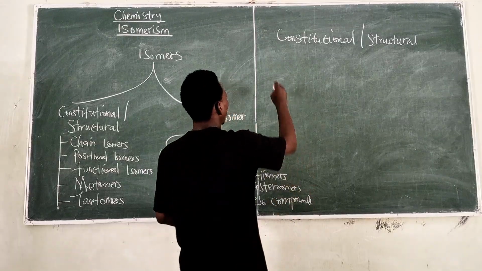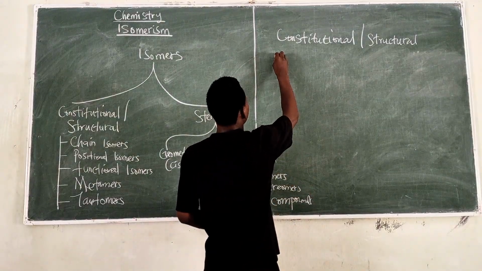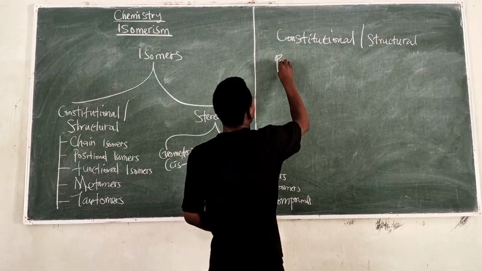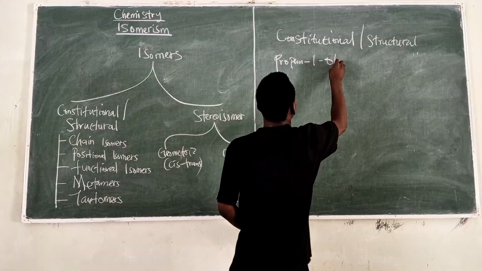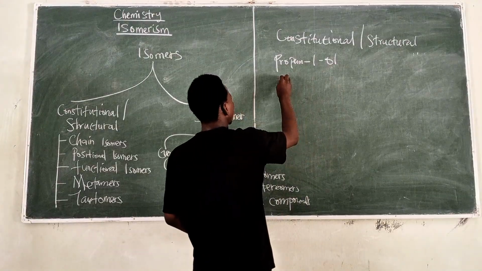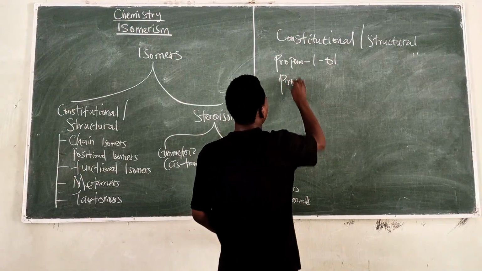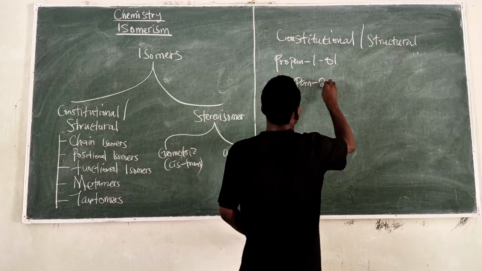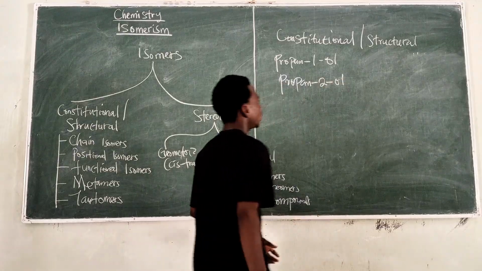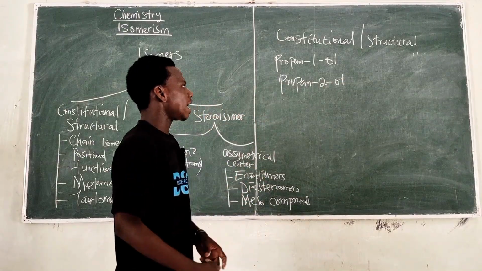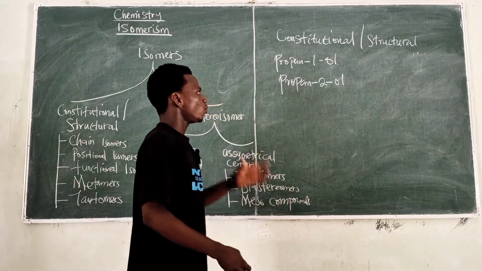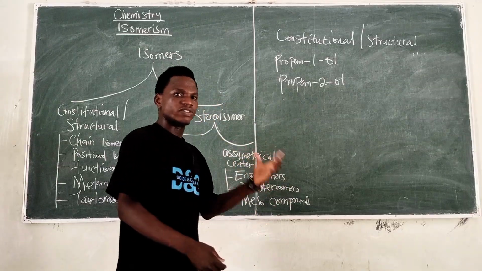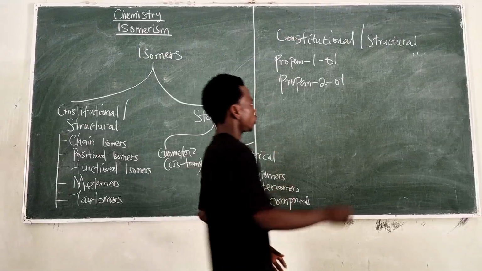Example, we have propan-1-ol and propan-2-ol. These are isomers with the same molecular formula, the same functional group, but different position of their functional groups. Let's draw the structures.